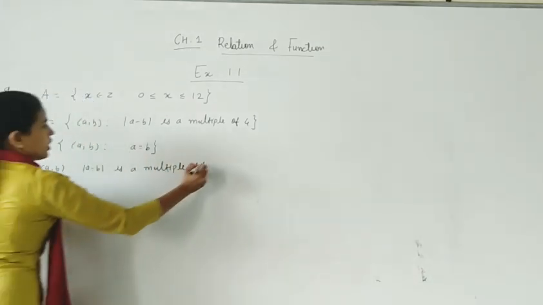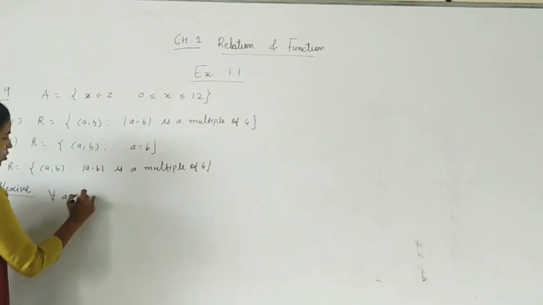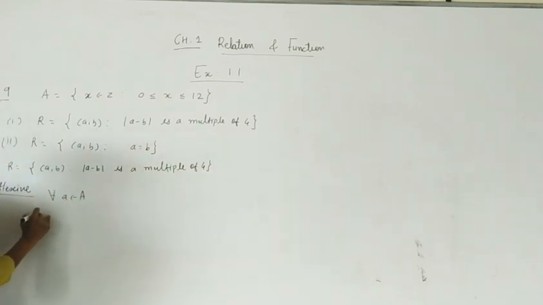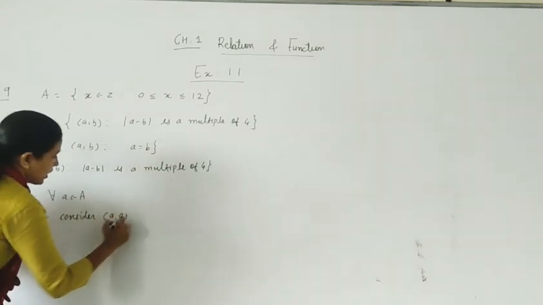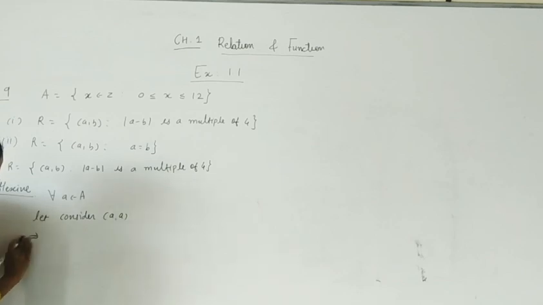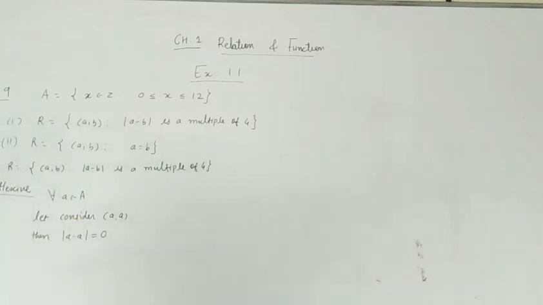Now students, we want to prove it is an equivalence relation, so we have to show three things. First is the reflexive relation. Let me check that for all a belongs to A, consider (a, a). Then modulus of a minus a is 0, and we know that 0 is a multiple of every number.